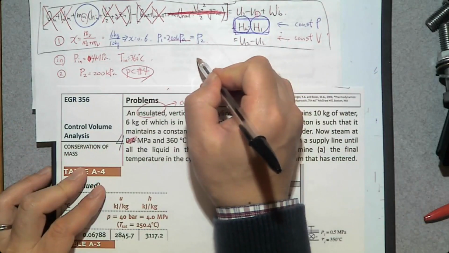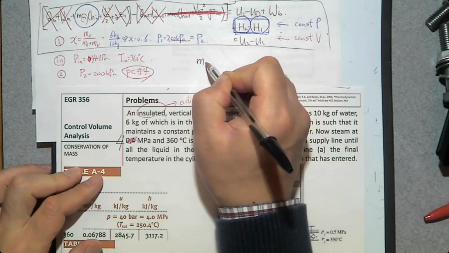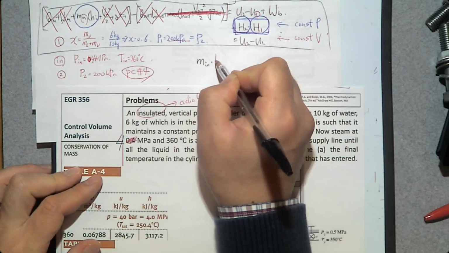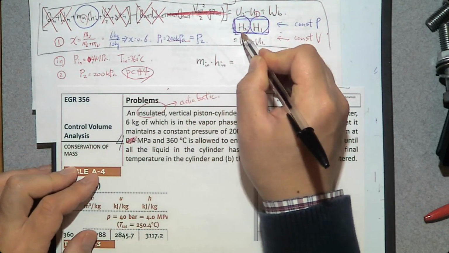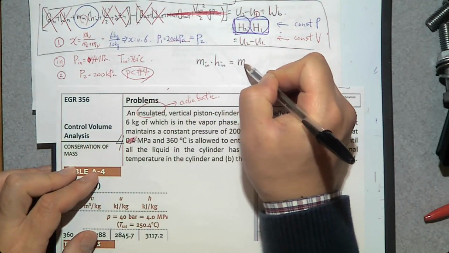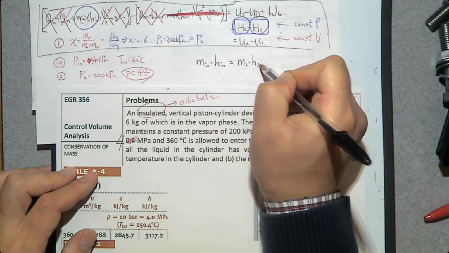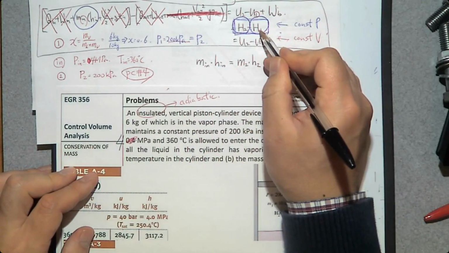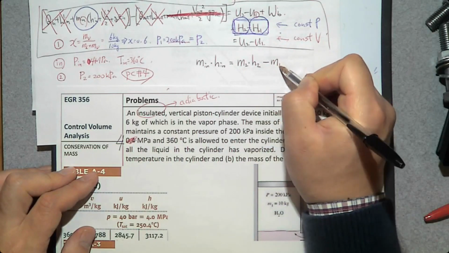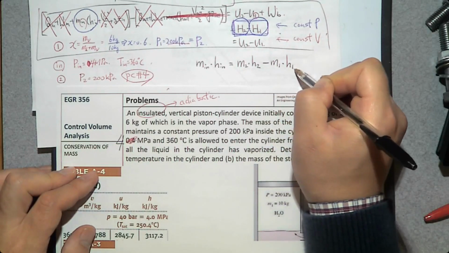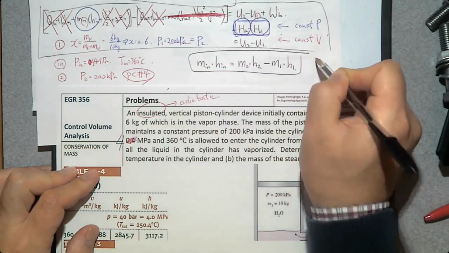The energy balance equation is M in times H in equals M2 H2, the total enthalpy at the final state, minus M1 H1, the initial mass times specific enthalpy.